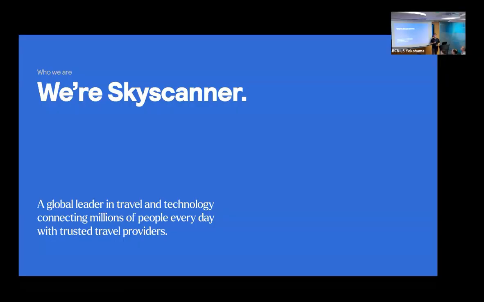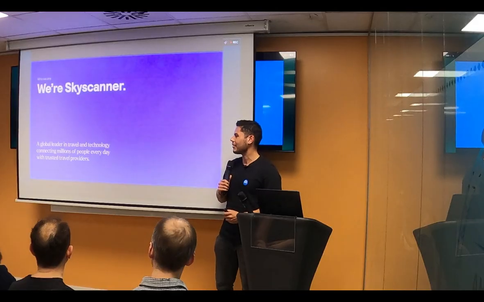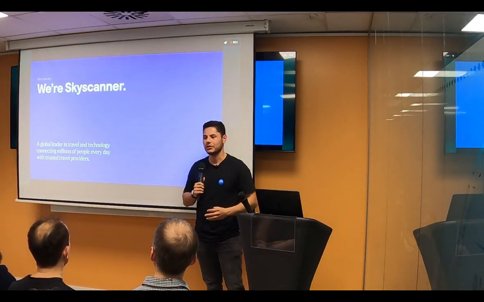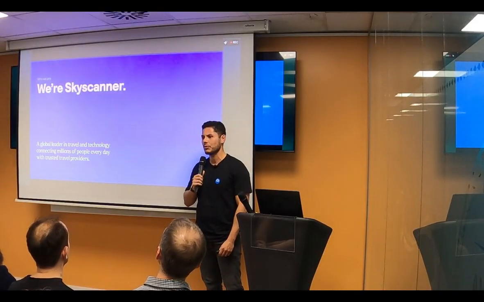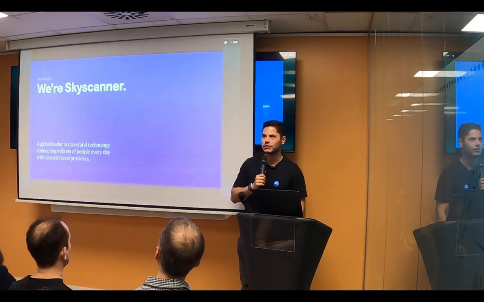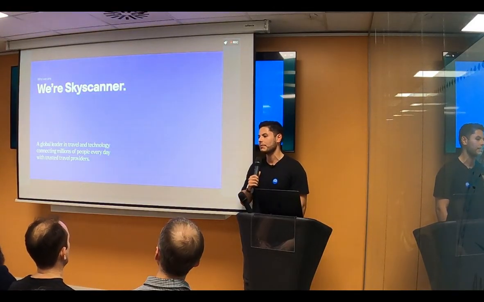First, about us, who we are and what we do. Skyscanner is defined as a travel leader, a travel platform that's present in many places. We have about 160 million monthly users between our web and our app platforms.